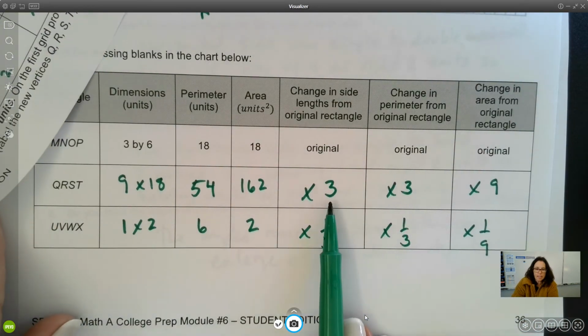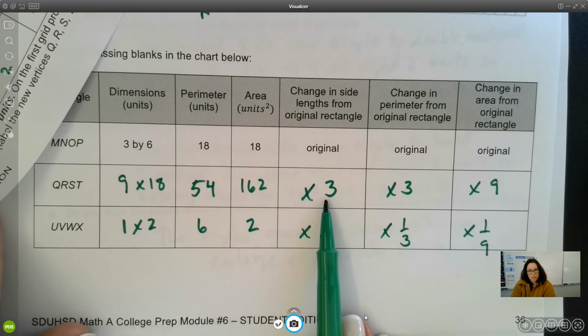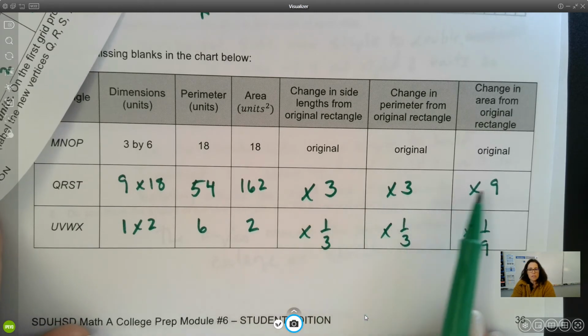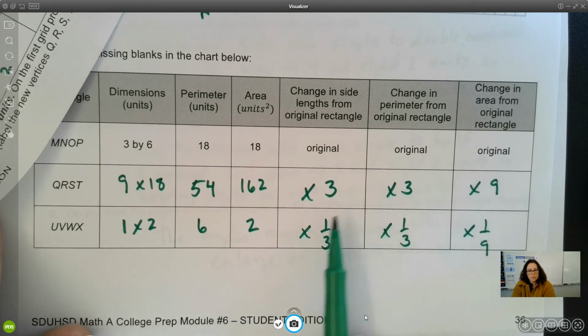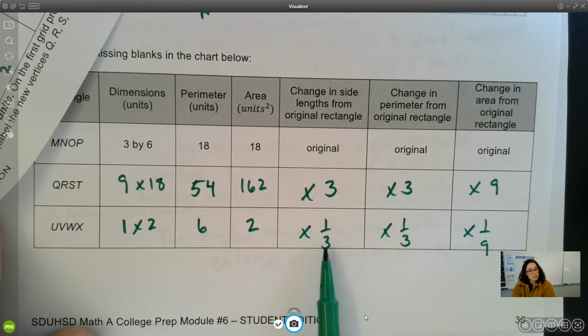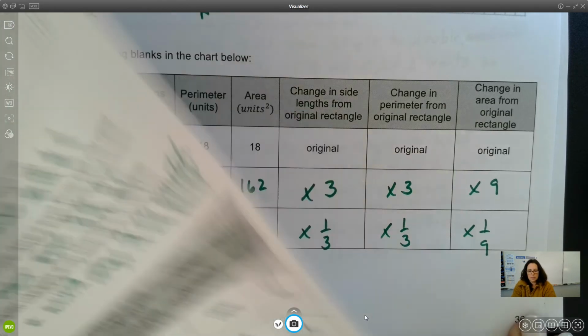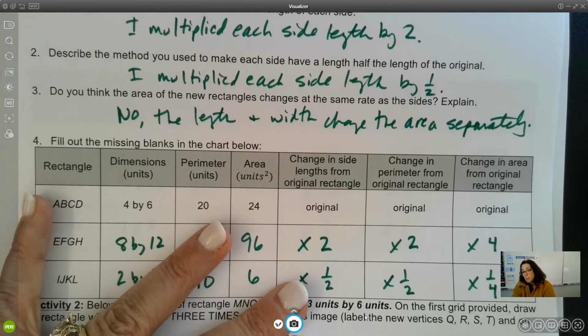When the side lengths were scaled by 3, 3 times 3, the area is a 9 scale factor. 1/3 times 1/3 is a 1/9 scale factor. It's squared. It's to the power of 2. It's not doubled.